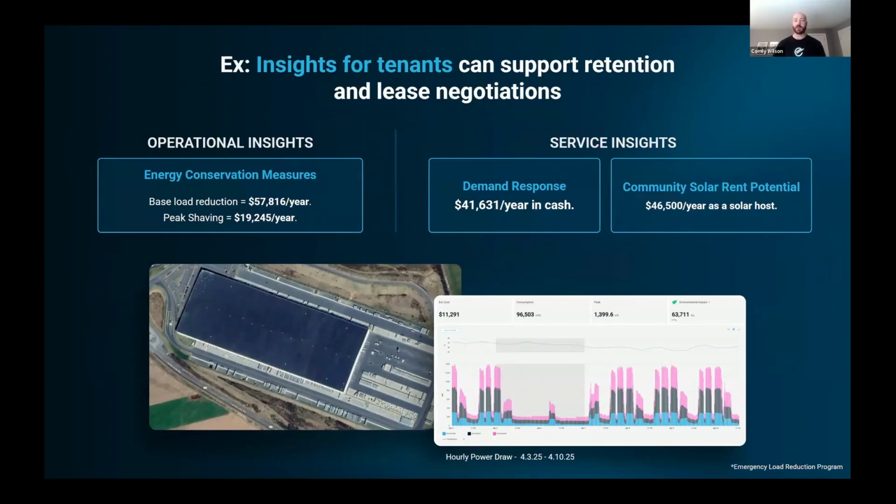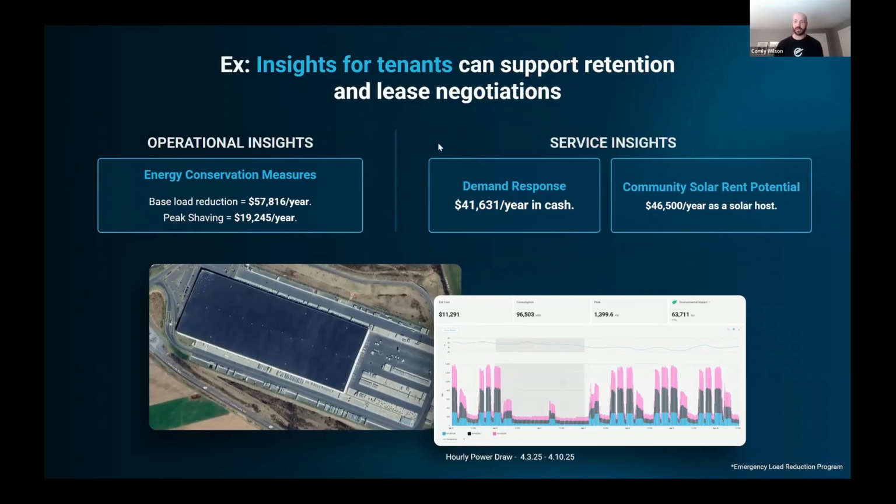I've seen specifically where a landlord was able to approach a tenant and say, hey, based off your data, you can save $80,000 a year. You could enroll in a program where the utility will pay you $41,000 a year. Oh, and by the way, we're going to rent out the roof and get some more rental revenue that way. And that tenant happened to be going into a renewal negotiation, and these were incredible talking points to get them to stay in the space.